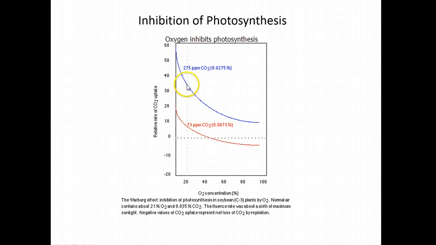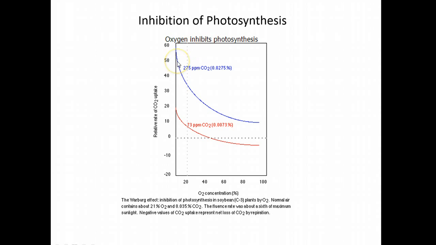So we get this rate of photosynthesis. With 73 parts per million CO2, we get this, 275 parts per million CO2, we get this rate. Our CO2 is now, what is it, 330 or something? Anybody know? 400? Wow, so we'll be getting up here somewhere.